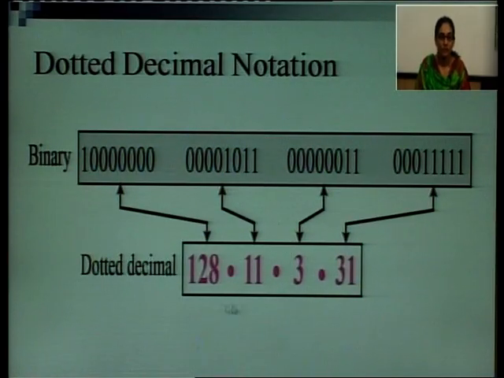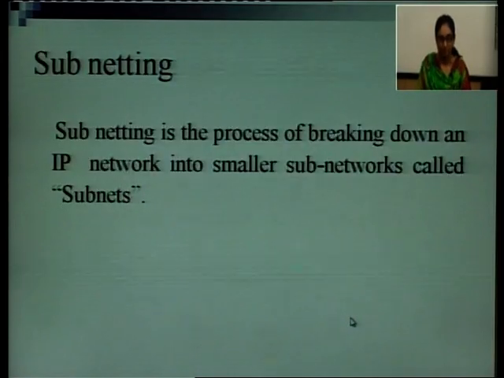So this is the dotted decimal notation. It ranges from 128 to 191, that means it belongs to the class B address. So in case of class B address, the first 2 bytes are used to identify the network ID, and the rest of the 2 bytes are used for the host ID.